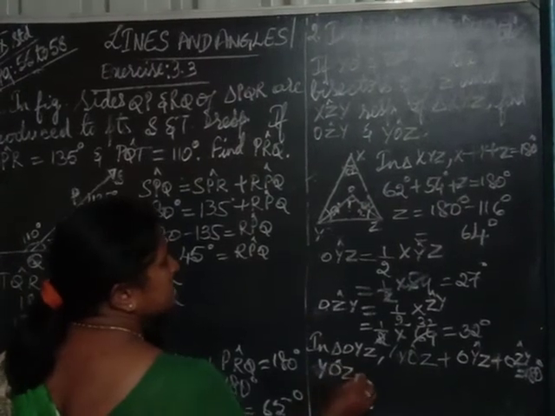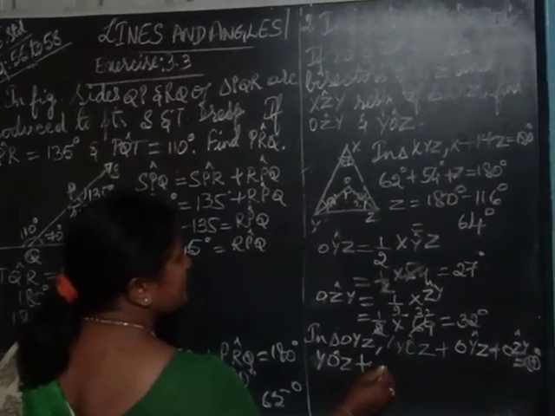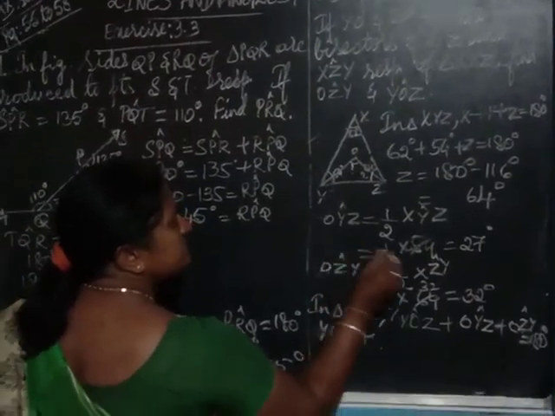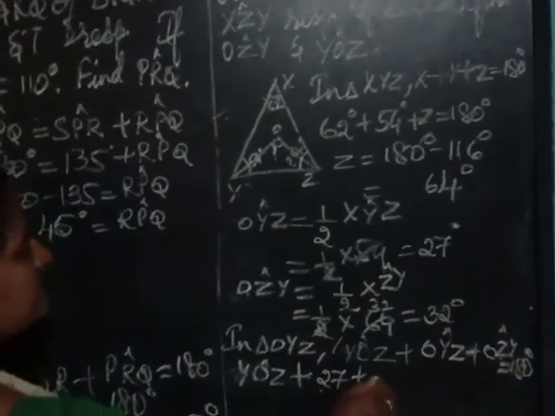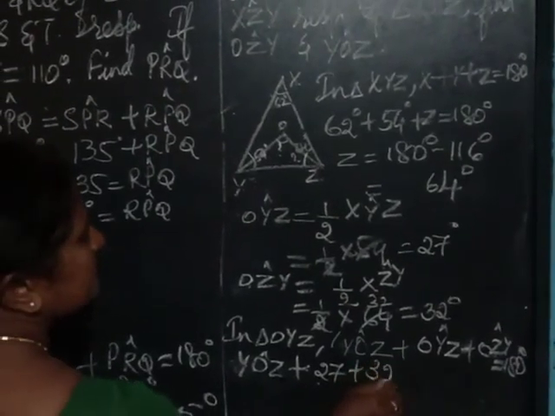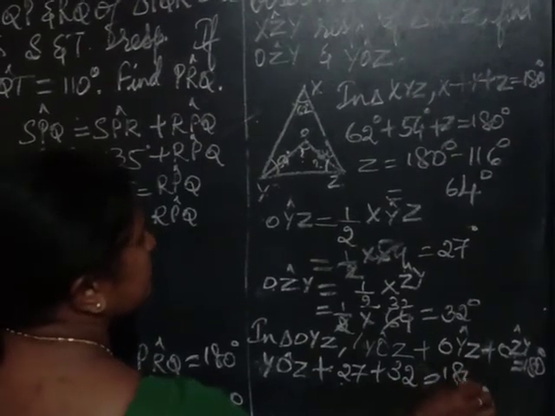OYZ is 27 plus OZY is 32 plus YOZ is equal to 180 degree.